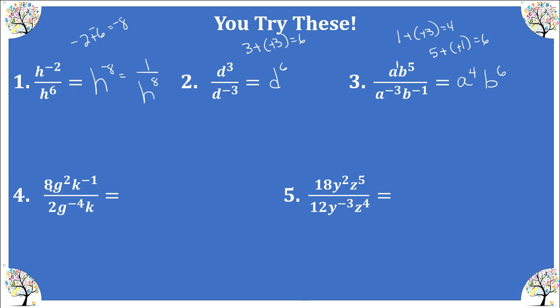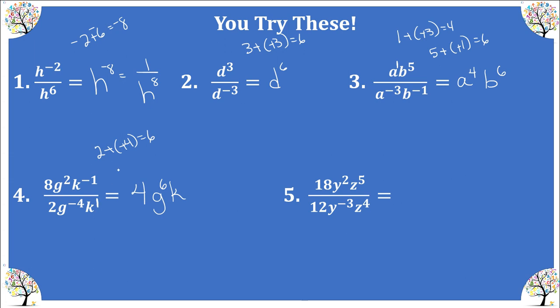On number 4, we have 8 divided by 2. So 8 divided by 2 just gives us a whole number 4. Then I have a factor of g, and I'll have a factor of k. Sometimes I just go ahead and write my factors down. And then I'll move them if I need to. So we have 2 minus negative 4, keep, change, an exponent of 6.